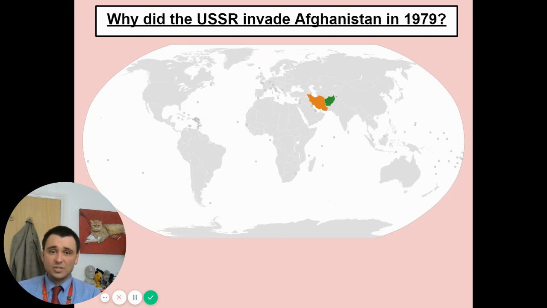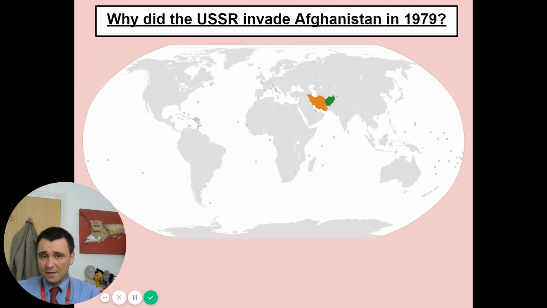And in 1979 in Iran, pictured there in yellow next to the green of Afghanistan, they got rid of their Shah, their leader, and there had been a Muslim fundamentalist uprising where the Muslims had got rid of their leader. And Brezhnev was terrified of this happening in Afghanistan as well.